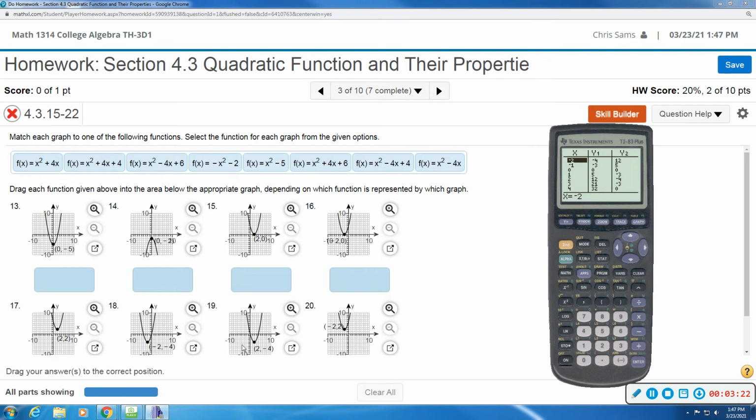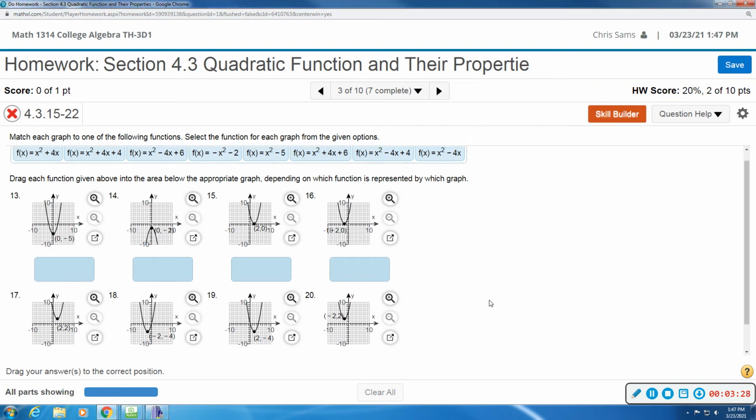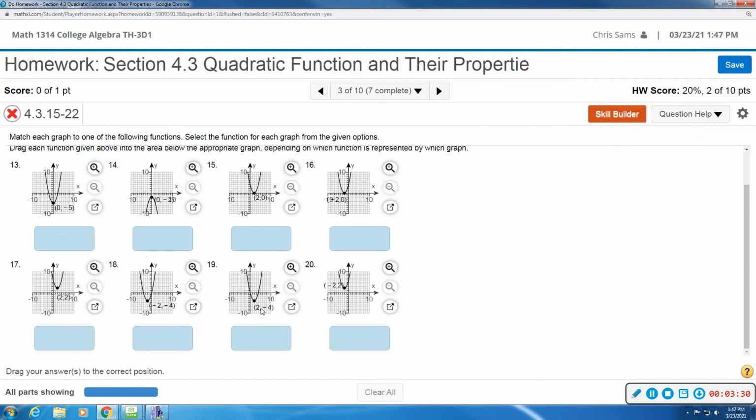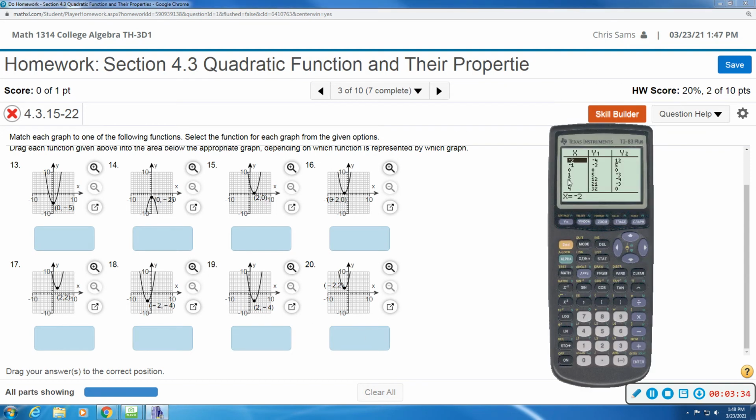And then the other graph that matched that one was this one. On the other side, +2 gives us a -4. And if I put that one up, down here, +2, that's the -4. So that matches with the second equation we plugged in.